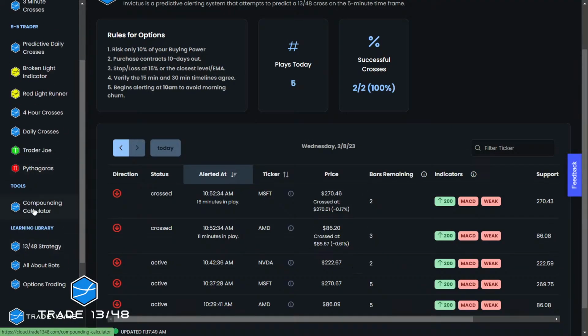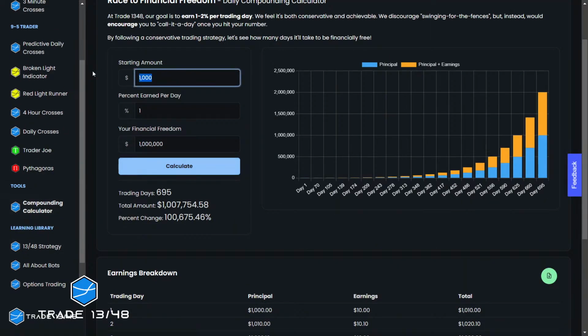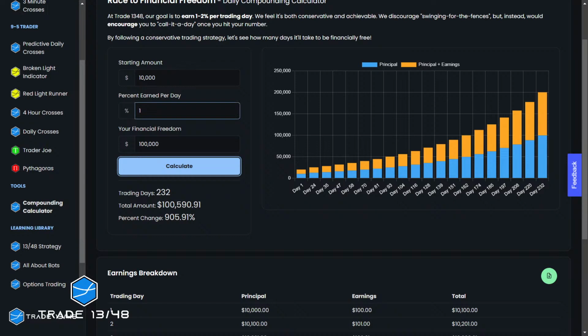We go to the compound calculator, right? And I like to say 10,000. 10,000 compounded 1%, your goal is 100,000, right? You do that in a year, just 1% compounded daily. Okay. That's it, right?